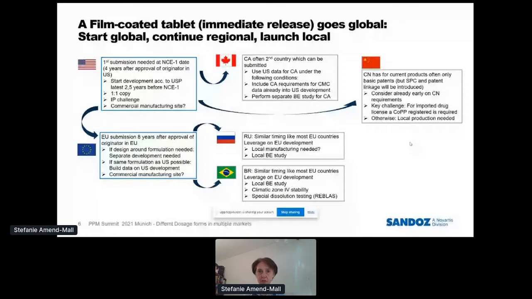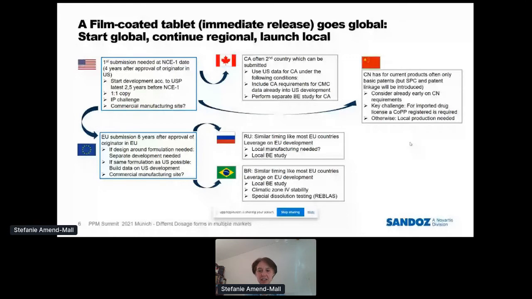Also, of course, you need local BE studies. And at the end, you also have to consider that there is testing in the official labs there, so your product gets tested. This costs you quite some time, usually 2 to 3 months, to get all these tests done.